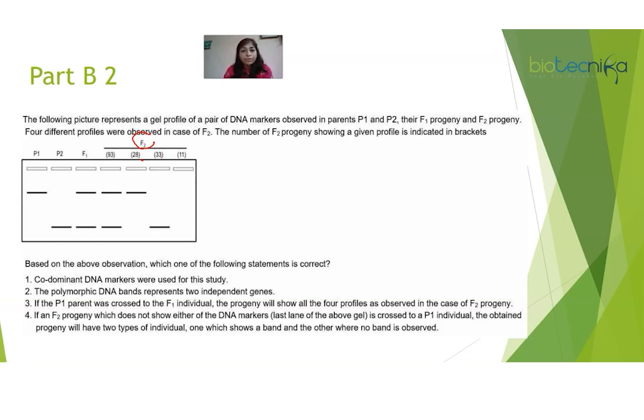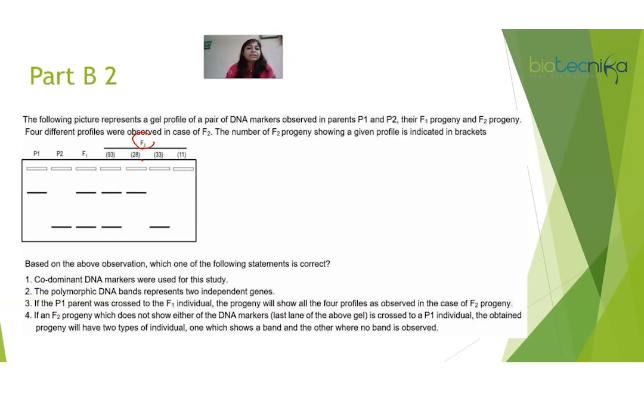Even when they are present together, that is in the heterozygous condition, they will show a profile that is different from either of the homozygotes. So codominant DNA markers will always show some profile; the bands will not be completely absent. The main difference is that the heterozygote's profile will for sure be different from the homozygotes.